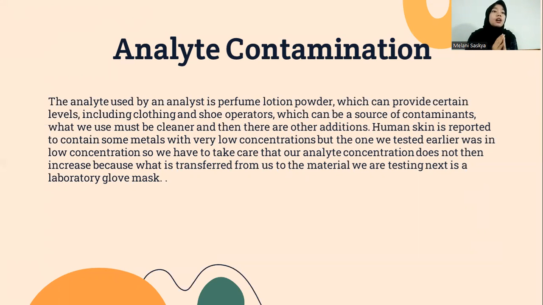Human skin is reported to contain some metal at very low concentration, but the ones we tested earlier were in low concentration, so we have to take care that our analyte concentration does not increase, because what is transferred from us to the material we are testing next is a laboratory-grade mass.